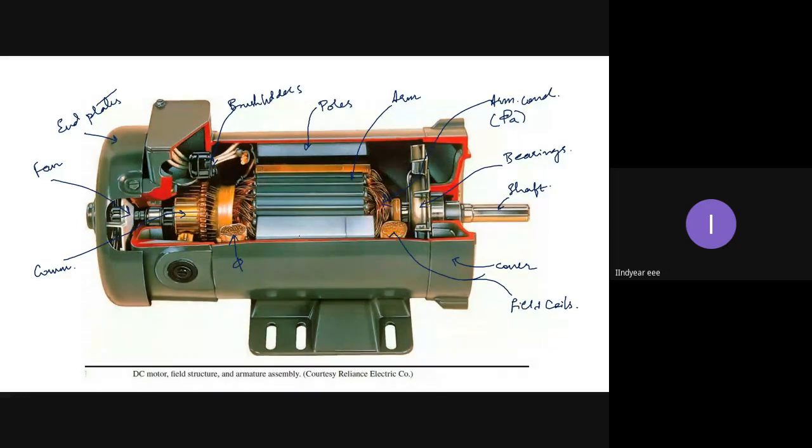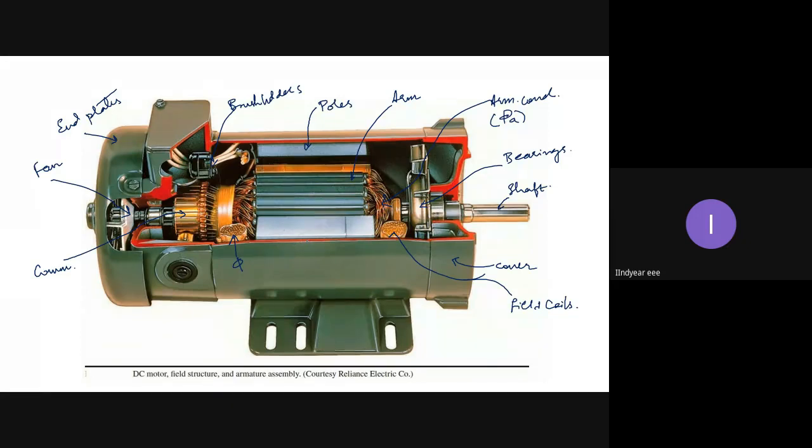This non-uniform flux produced in the air gap will induce non-uniform EMFs in the conductor again, which will also circulate current in the conductor. Apart from the load current, there is a leakage current in the armature conductors flowing because of leakage flux, and this current is known as conductor eddy current.